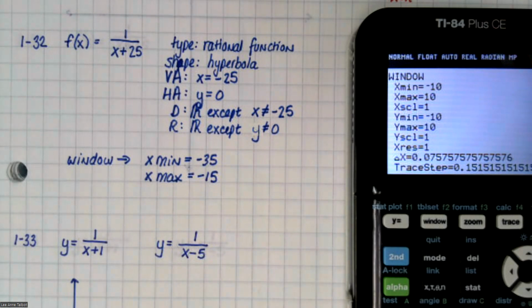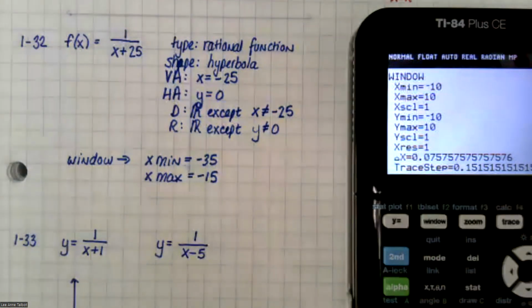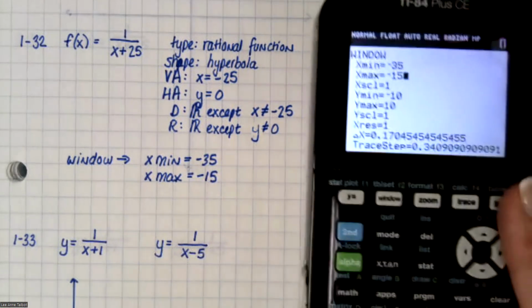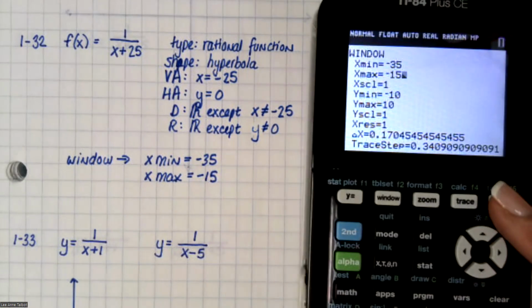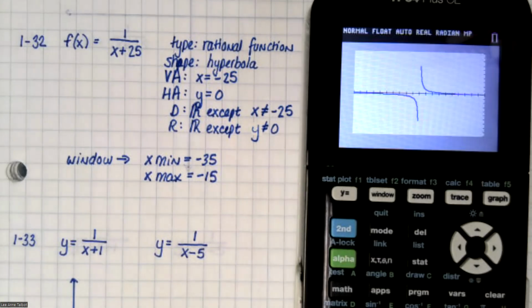So -35, -15. Okay, now just hit the plain graph button. And now the calculator has shifted over -25 units so that you can actually see your hyperbola.